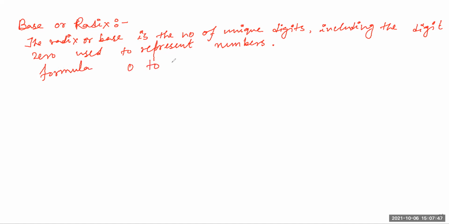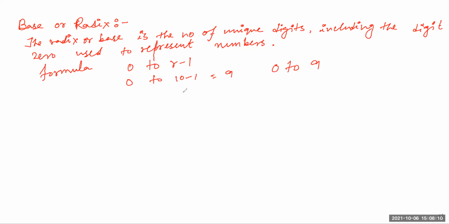0 to r minus 1. I have said for the decimal number system, the value of radix is 10. So 0 to 10 minus 1 equals 9. So the range of the decimal number system is 0 to 9.